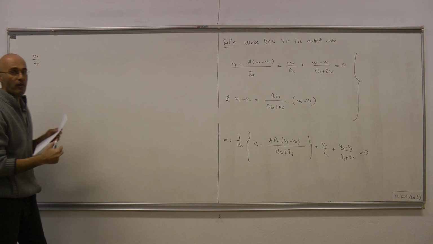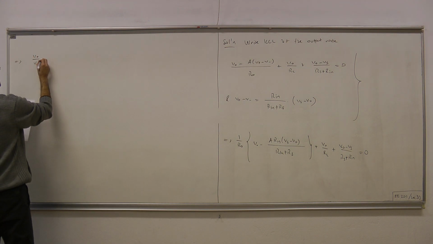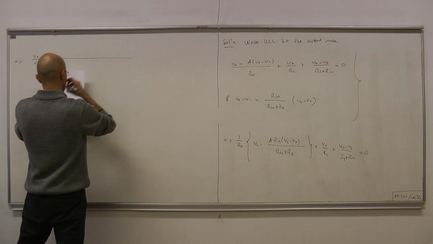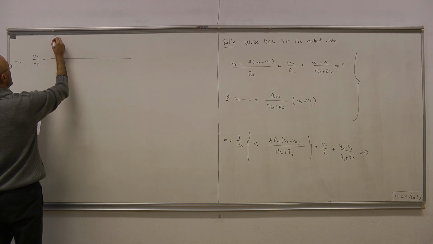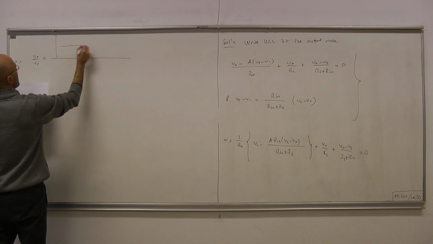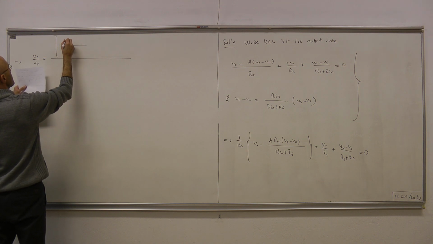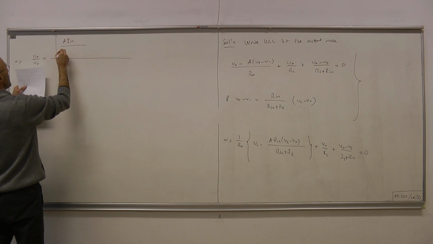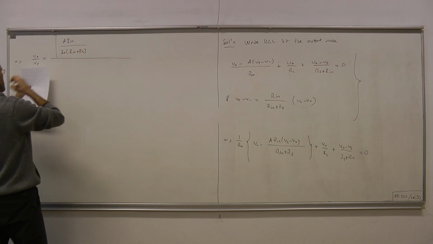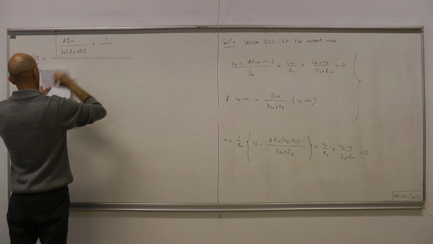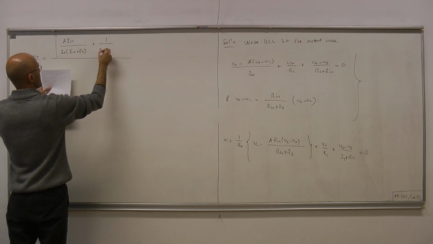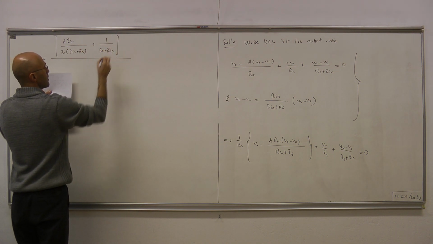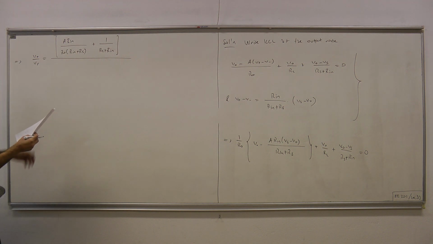That expression, simplified, yields the following ratio. The numerator is A Rin over Ro (Rin plus Rs) plus 1 over (Rs plus Rin).